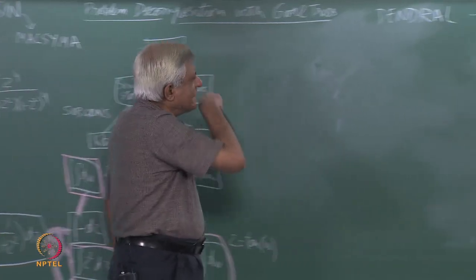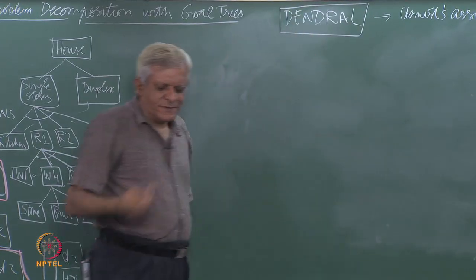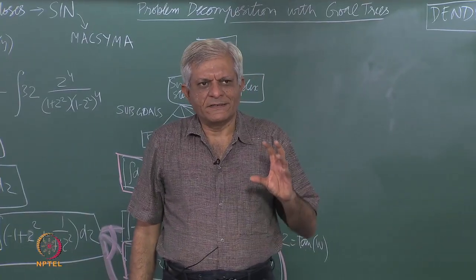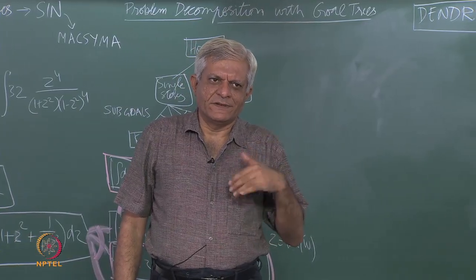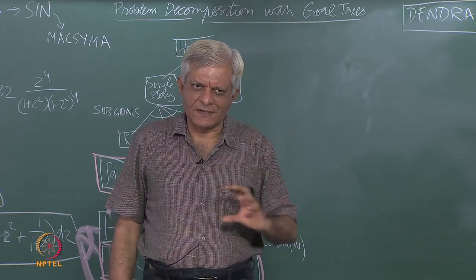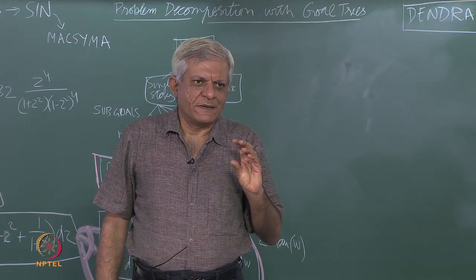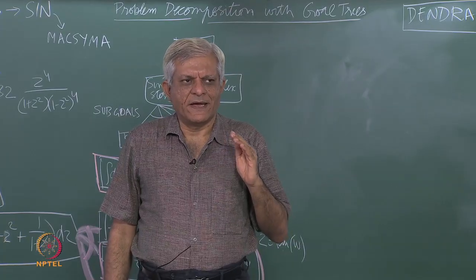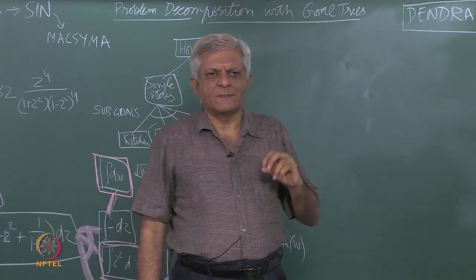So, the way this Dendrol was implemented, the idea was that it will explore the space of possible structures, and this can be done by breaking down a molecular formula into smaller parts and exploring the structure of those smaller parts. You will see a small example, but this was aided by a process of generating a synthetic spectrogram.